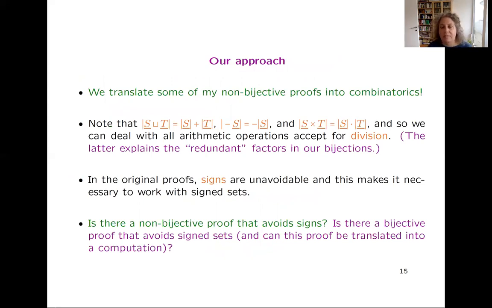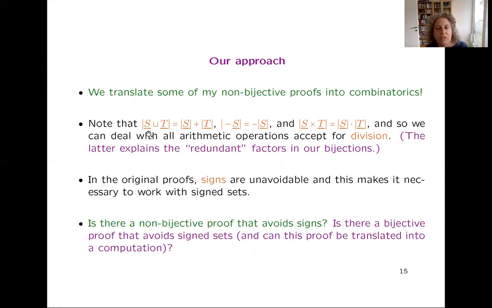And now it's time to tell you something about our approach. So why do we need all these constructions? Actually, we translate some of my non-bijective proofs into combinatorics. And note, with the constructions I've shown you on the previous slide, we can deal with all arithmetic operations except for division.